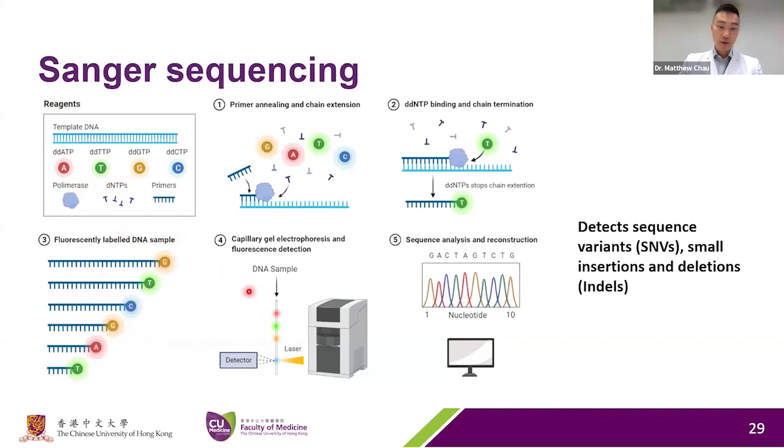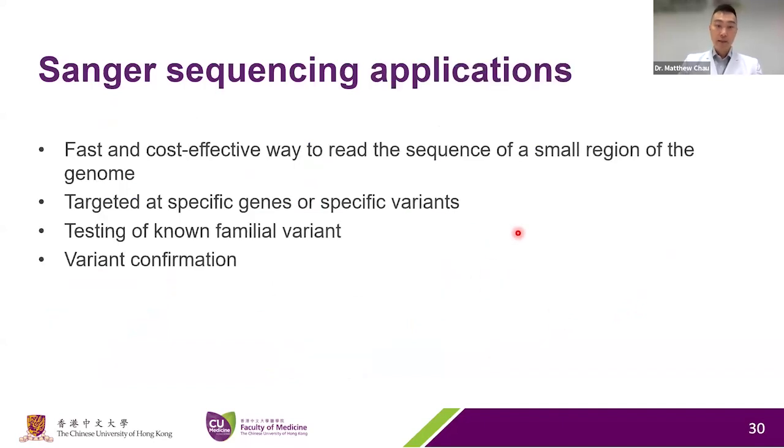And when you run this through a capillary electrophoresis and investigate the fluorescence signal that is given off as each of these products pass through, you can then give out a sequence of the nucleotides of your original piece of DNA. This is especially useful for detecting sequence variants such as SNVs, and it can also be useful for the detection of small insertions and deletions.